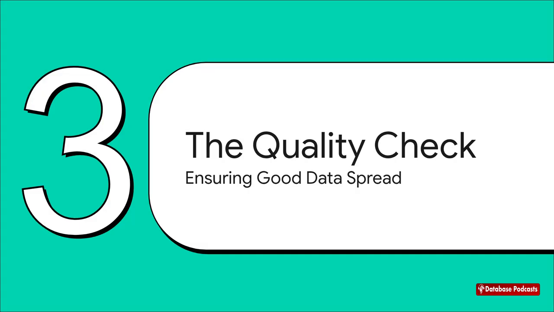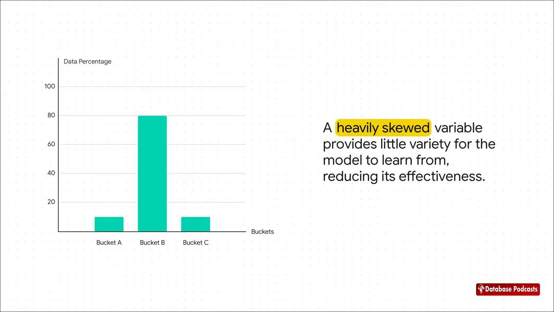But, and this is a really big but, you can't just create random buckets and call it a day. How you design them is absolutely crucial. Let's look at the difference between getting it wrong and getting it right. Okay, so look at this. This is a classic mistake. You see how almost all the data, like 80% of it, is crammed into that one middle bucket? This variable is totally skewed.